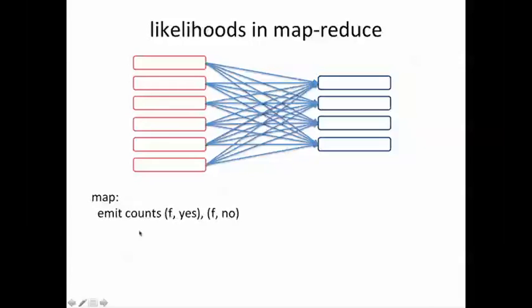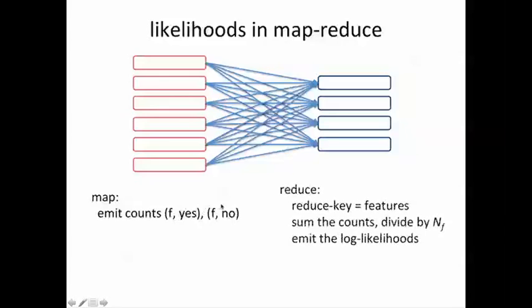So the map phase merely produces the counts of feature yes or feature no, which are then grouped by features in the reduce phase, so that we get all the counts that were emitted for a particular feature in one reducer, where we merely sum up the respective counts and divide by the total number of instances that we've seen for a particular feature. Finally, we emit the log of this likelihood so that we get the elements of our Bayesian classifier.